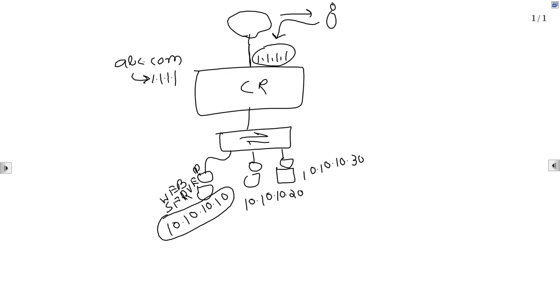Now you need to have a separate inbound NAT policy saying if any request comes for abc.com on port number 80, translate it to 10.10.10.10 and forward it to 10.10.10.10, because that's my web server, and that's called inbound NATing. The same thing can happen: you might have the WAN IP address as 1.1.1.1, but you might want to access it on 1.1.1.5. And then the request comes to 1.1.1.5, and Cyberoam, seeing the NAT policy table, will translate it to 10.10.10.10.